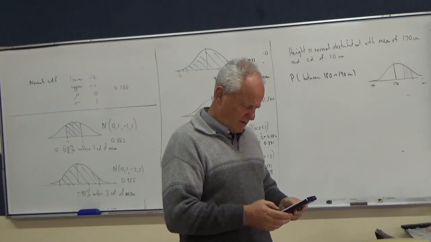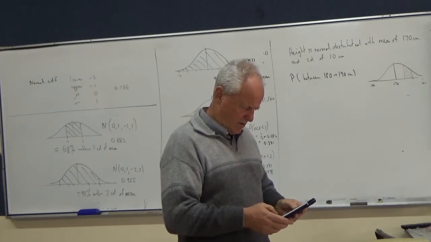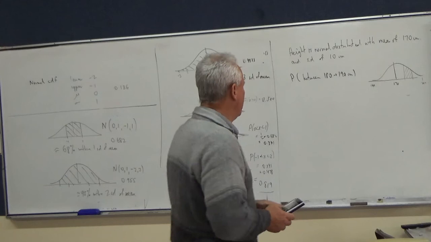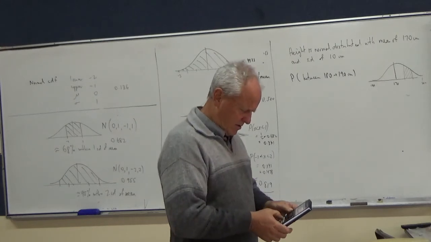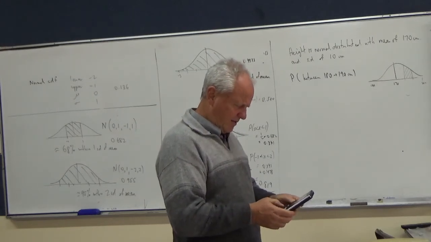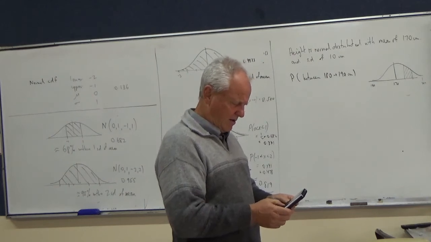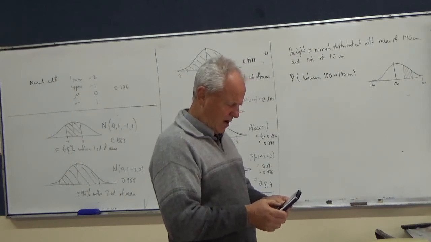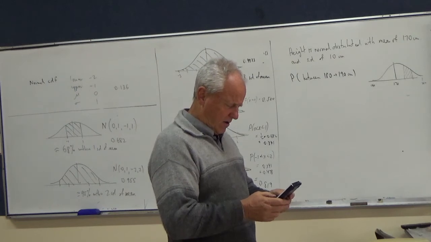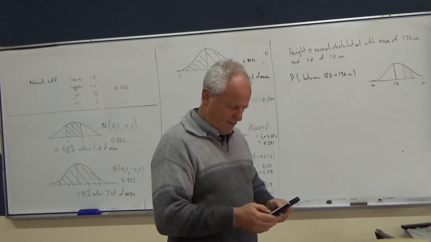Upper bound, 190. Mu, 170, the mean. Standard deviation, 10. Oh, and I've pushed the wrong button. Try that again.